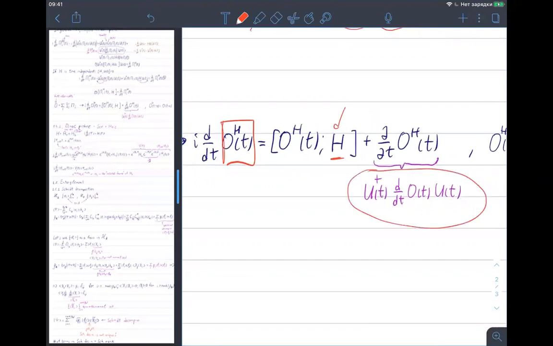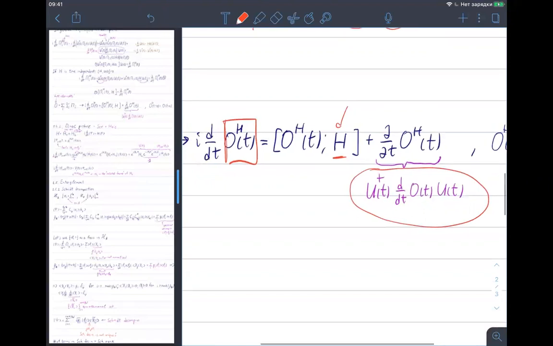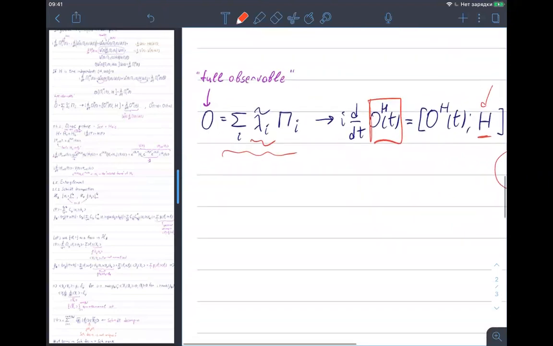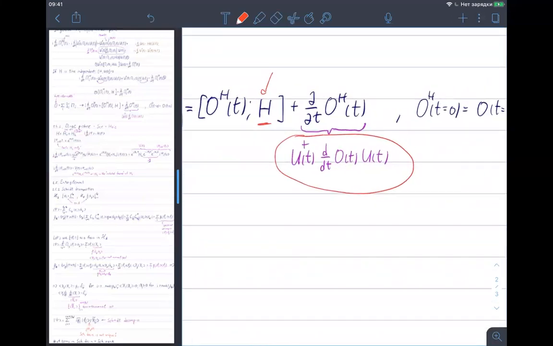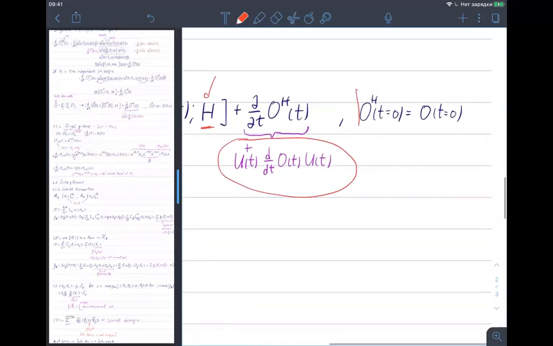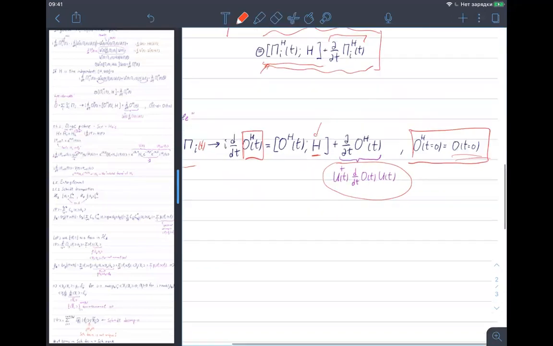Note that in the general case we can have both the dependence of the projectors and of the eigenvalues in our full operator, so in this case we consider this full derivative. Again, the initial operator in the Heisenberg picture coincides with the operator in the Schrödinger picture. So it's quite a usual story.